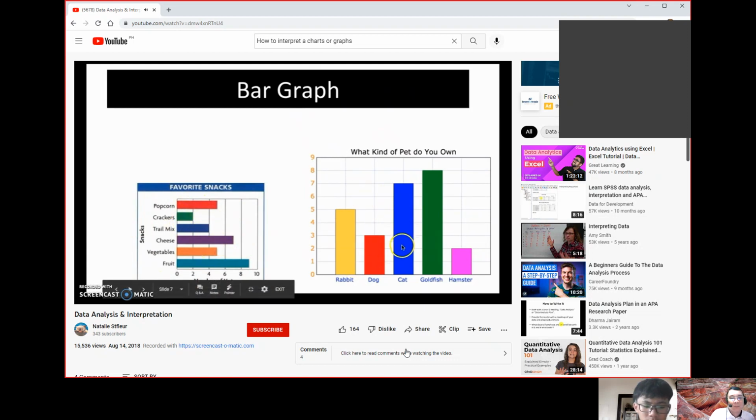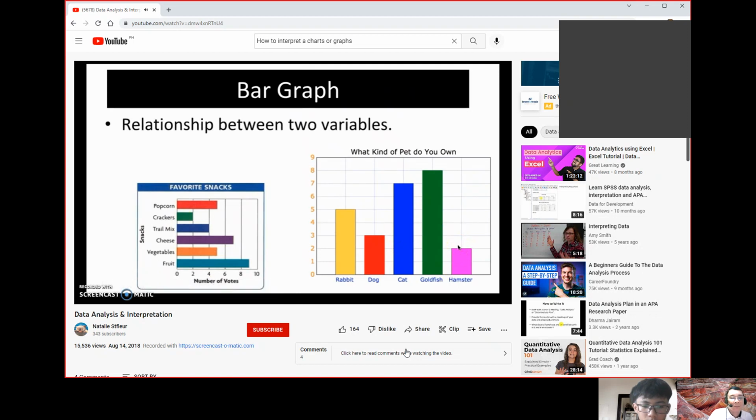The one on the right is a vertical bar graph because the bars are going in a vertical fashion. Bar graphs show relationship between 2 or sometimes more variables. They show discrete values. And what I mean by that is, in this example of what kind of pet do you own, 5 people, which is 5 being a discrete value, 5 people own a rabbit.